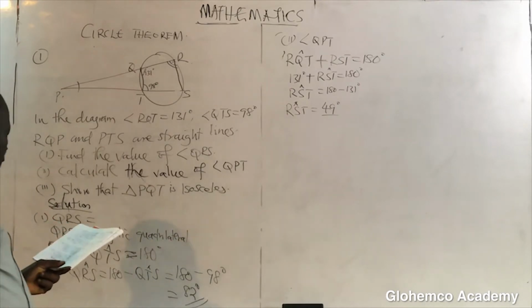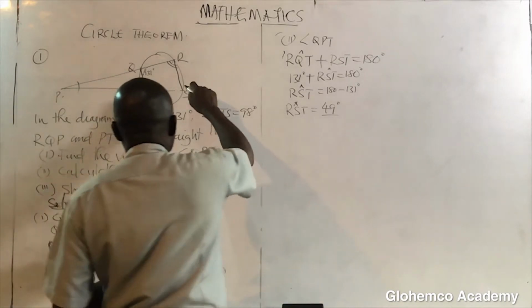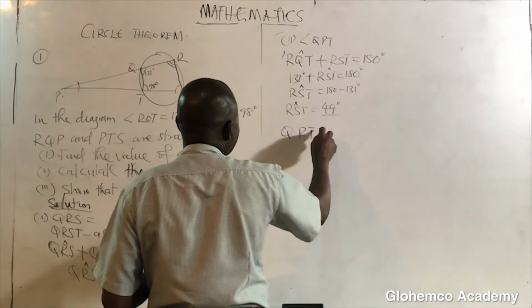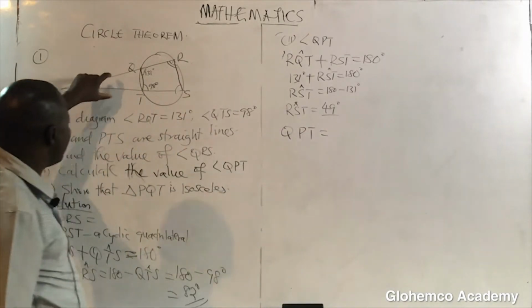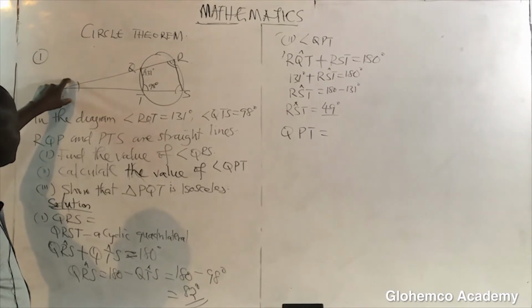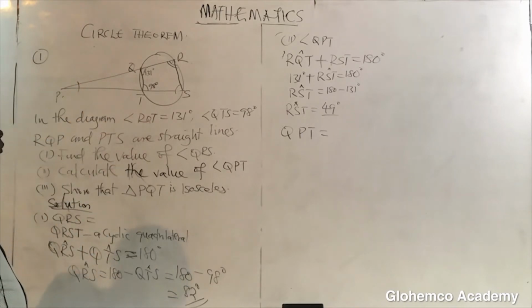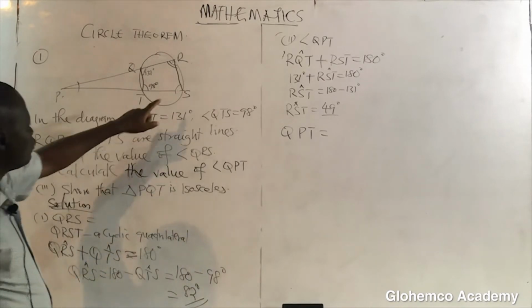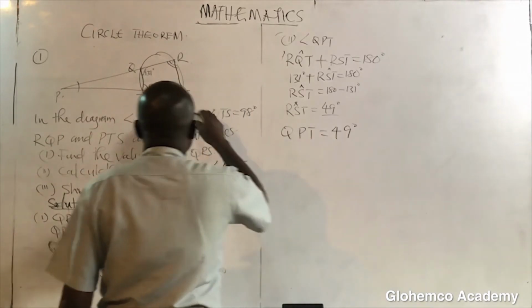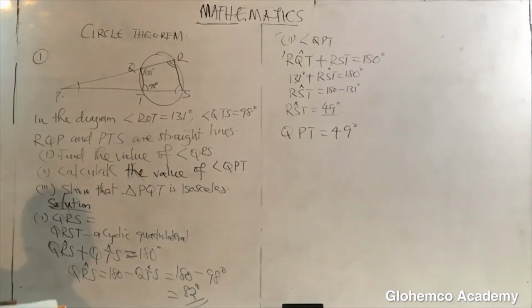QPT will be equal to this one, because this one is now outside the circle, and it must give us angle 49, which is parallel to this one inside the circle.